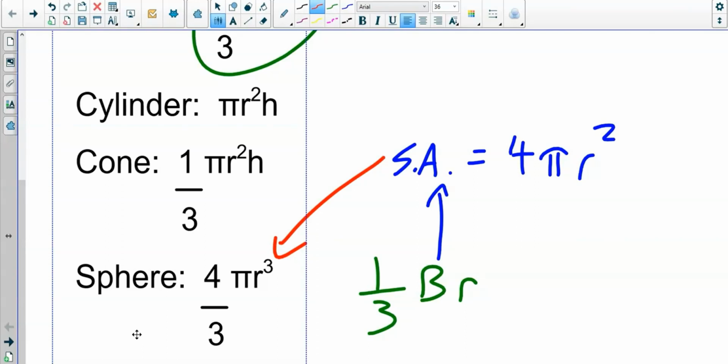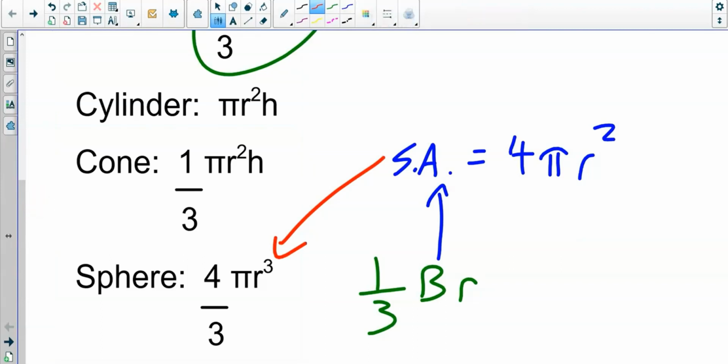Okay? Very interesting. And again, what's also interesting, since we're talking about surface area of a sphere, remember how I said that baseball analogy? If I take a baseball and cut off the coverings, look at this little formula. That means area right there. That's the area formula of a circle. Pi r squared. That's the area formula for a circle.